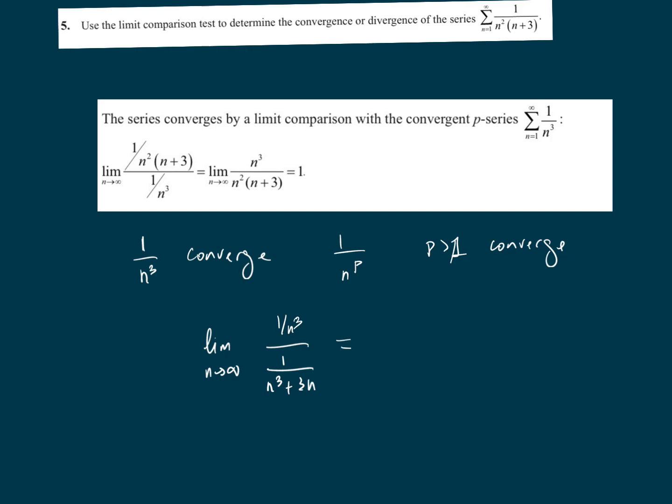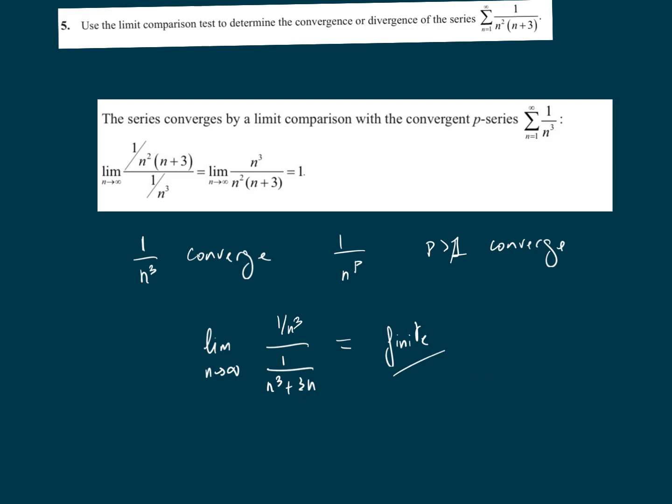The idea is that the limit has to be finite. And here the idea is that you know that this series converges. If the limit is finite, it's because this one converges, the other one too. So let's see if this series converges.